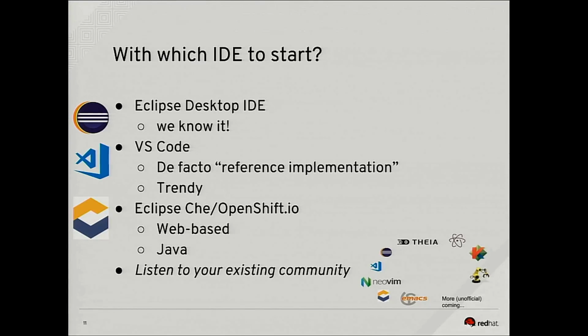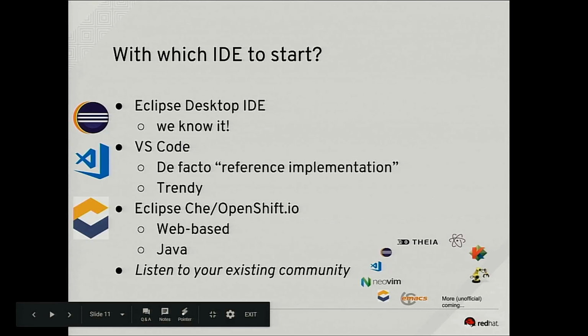So we started with the Eclipse Desktop IDE. Why? Because we know it perfectly. And after, I will recommend doing it also for VS Code, because the language server protocol is coming from VS Code. It is kind of the de facto reference implementation.